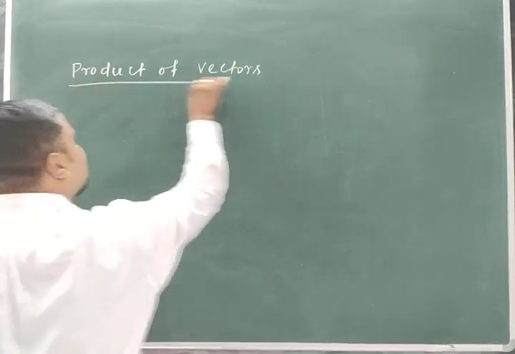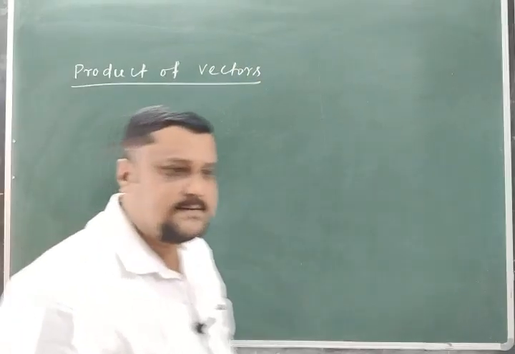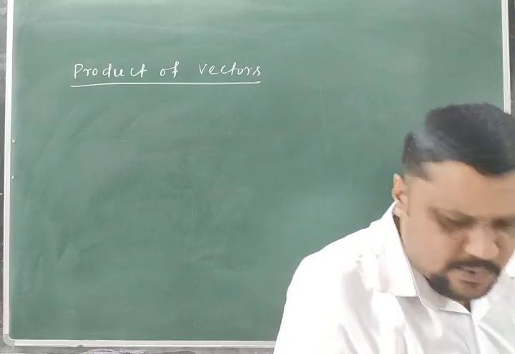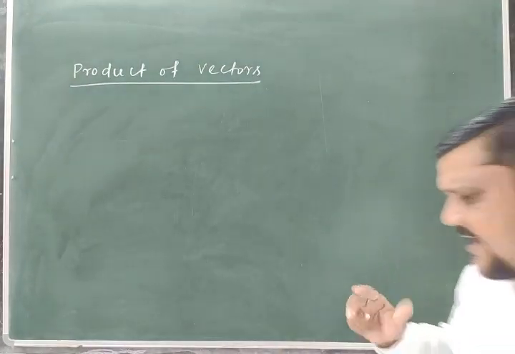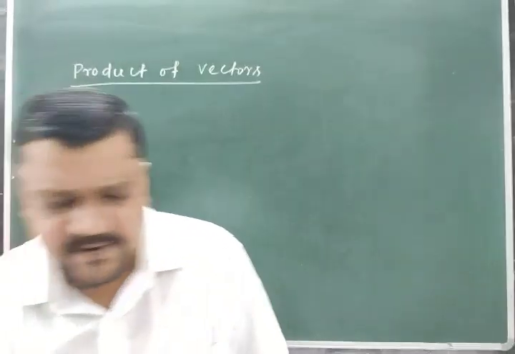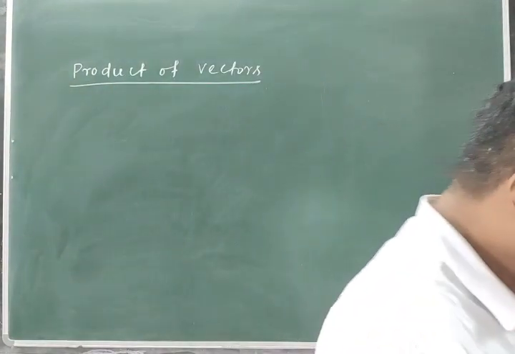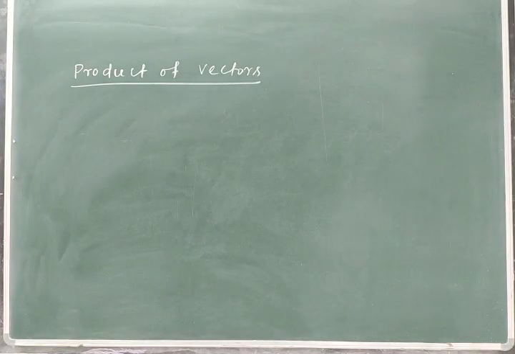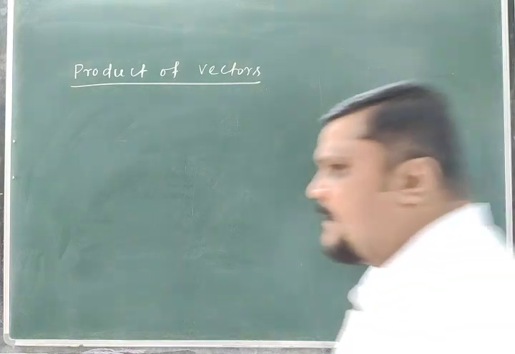What does this multiplication or product of vectors mean? As you know, if you multiply two vectors, then naturally that should be the multiplication or the product of vectors, isn't it?